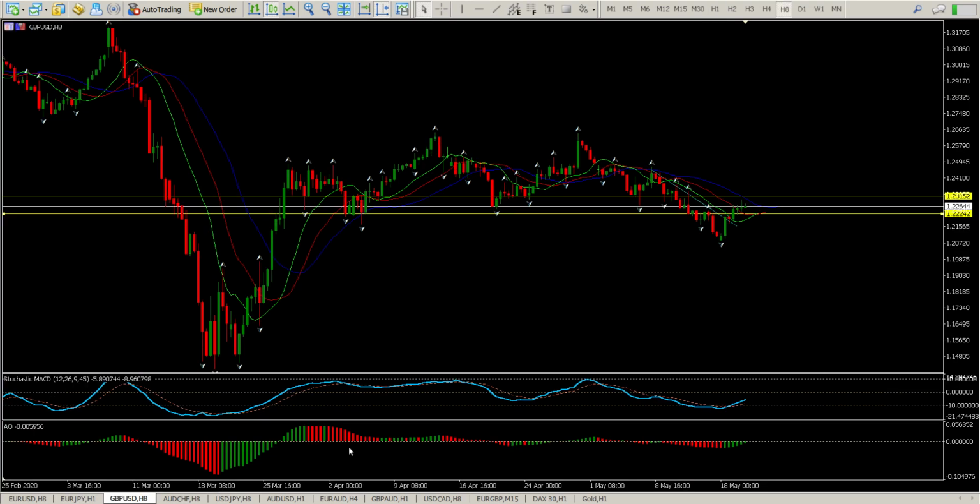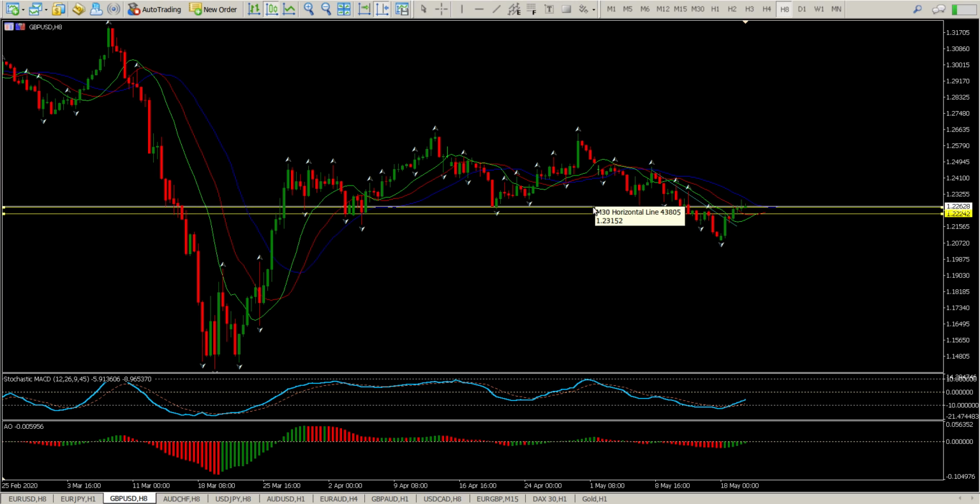Pound US dollar. So we have had a retracement back to this previous area of support. Now, what I'm waiting for is to see whether this support is going to turn into resistance. Okay, so you can see the white line, which is pretty much where price is at the moment.